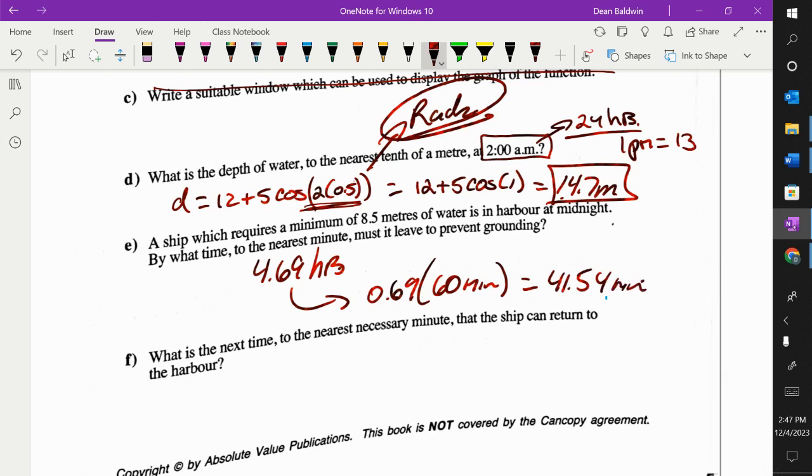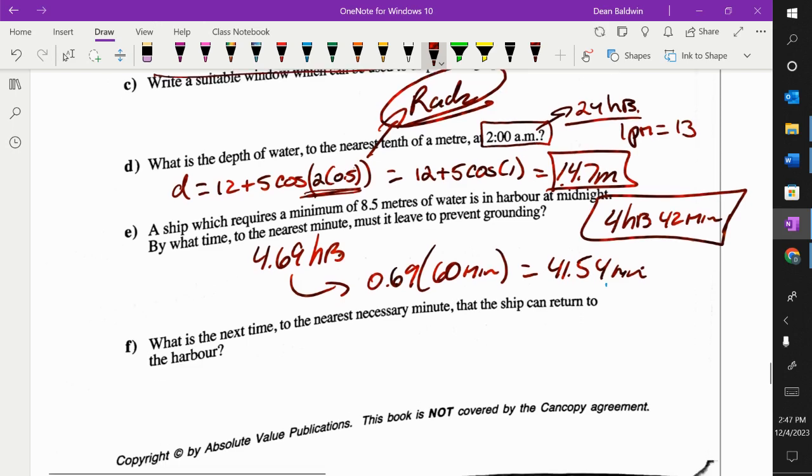So you would just say 4 hours and 42 minutes. Does that make sense? We're just going to the closest minute. So 4 hours and 42 minutes. You got to be out of there. Otherwise, the ship's going to bottom out. Are we good? Can I do the next one?